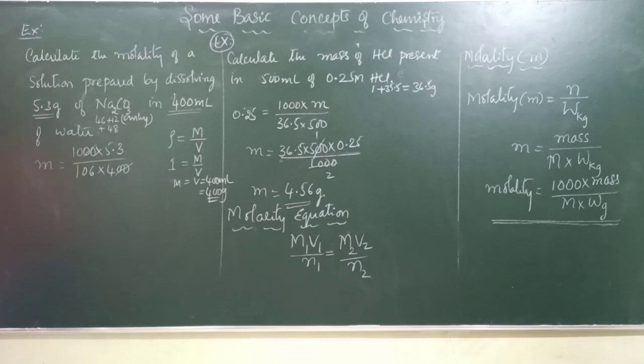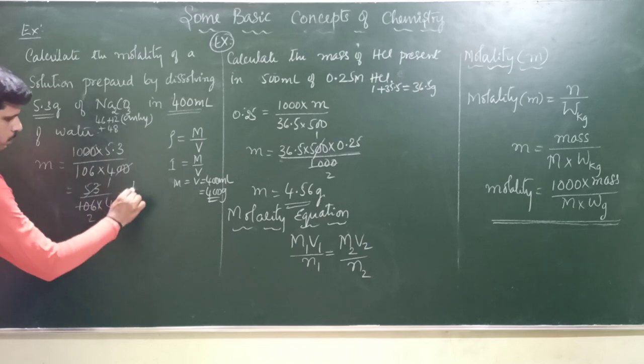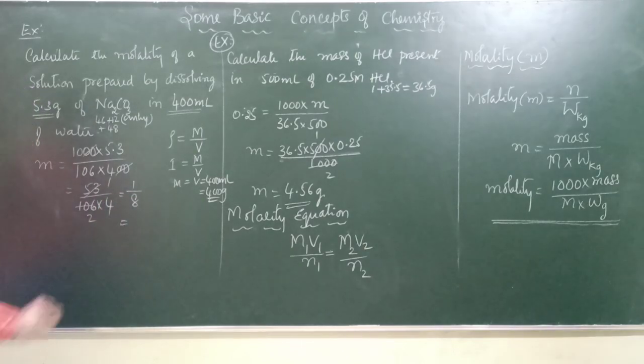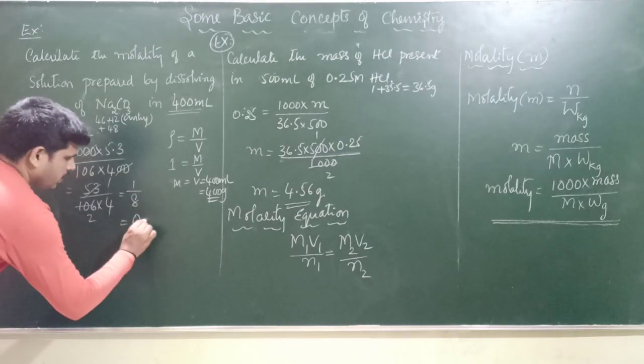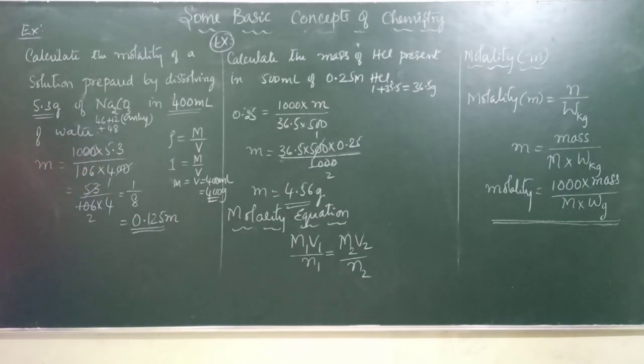So 10 into 5.3 is 53. 53 divided by 106 into 4. 53 ones are 53, twos are 106. It is nothing but 1 by 8. 1 by 8 is 0.125. Yes, 0.125 molal is the answer. So a 0.125 molal solution will be prepared by dissolving this.